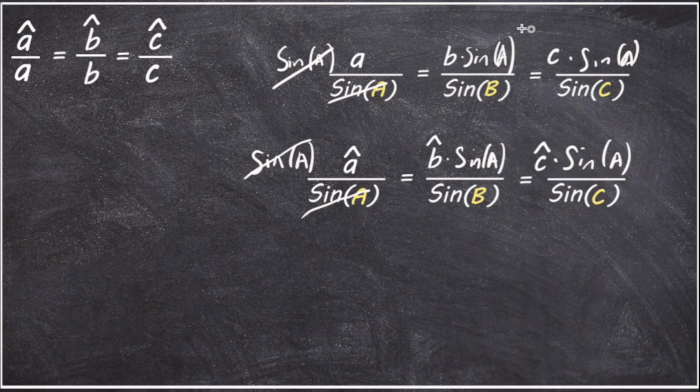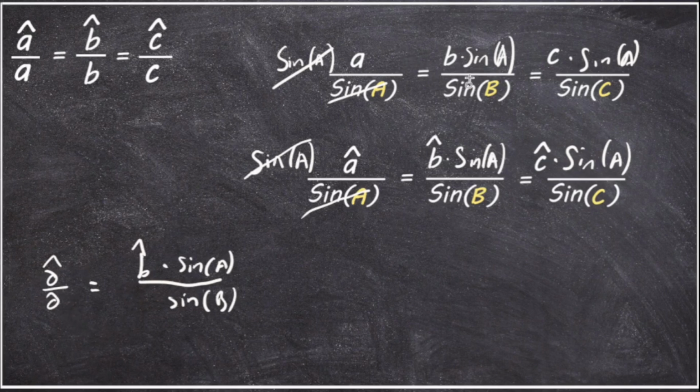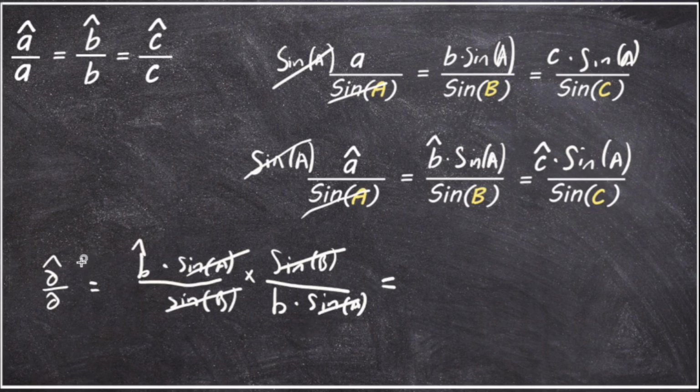Now taking just the second part of each equation, to get A hat divided by A, we can do A hat, which is B hat times sine of A over sine of B. But to divide by A, given this is a fraction, we can multiply it by the reciprocal, so that's times sine of B over B times sine of A. Now we can see that the sines of B cancel and the sines of A also cancel, leaving us that A hat over A equals B hat over B.